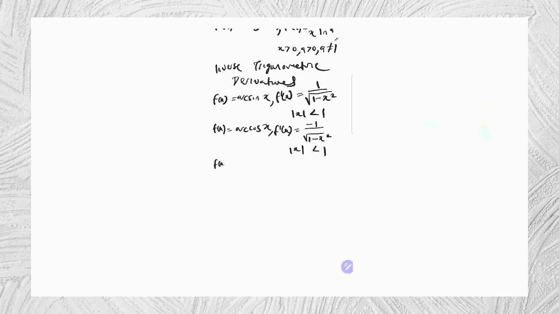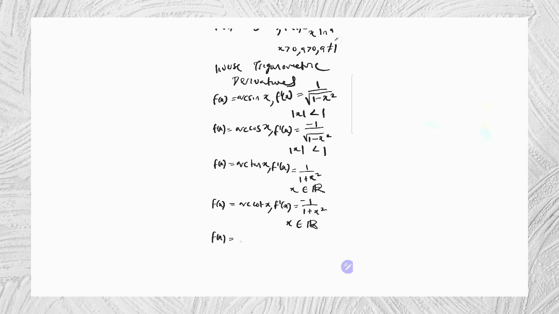Now, when f of x is equal to arc tan x, the differentiation of f of x will give you 1 divided by 1 plus x squared, where x belongs to all real numbers. Now, when you have f of x equal to arc cot x, the differentiation of f of x will give you minus 1 divided by 1 plus x squared, where x belongs to all real numbers.